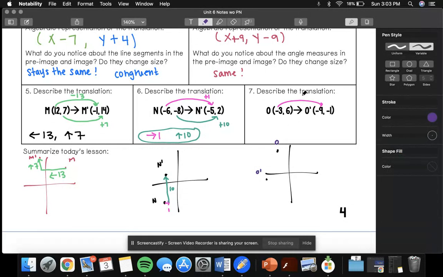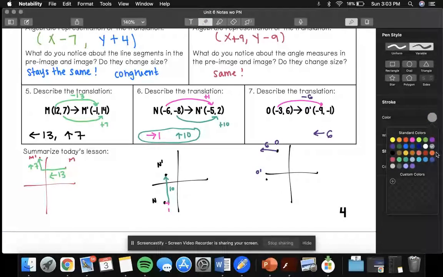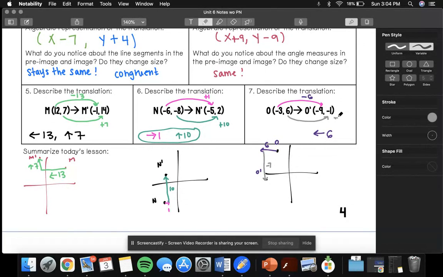Looks like it has to go back to the left, so it needs to go to the left 6. And then to go from 6 to -1 has to go down a lot. It has to go down to 0 and then has to go down one more. So it has to go down a total of 7. So the total transformation would be left 6 and down 7.